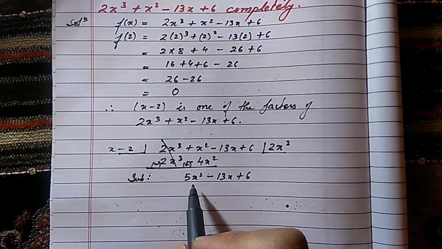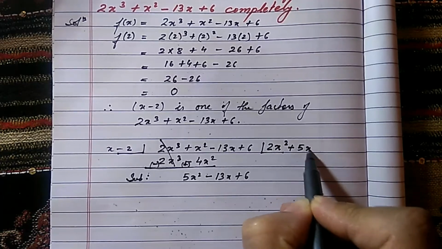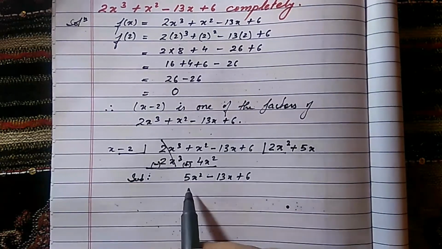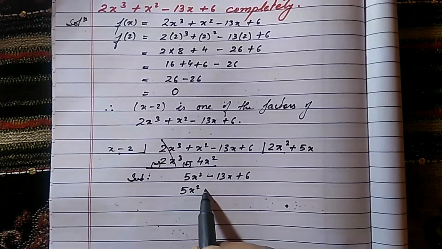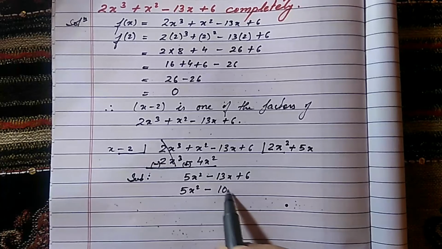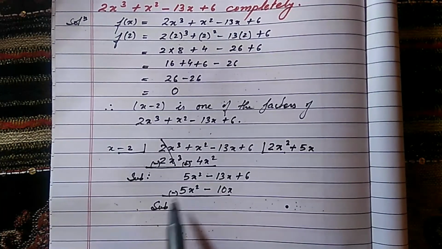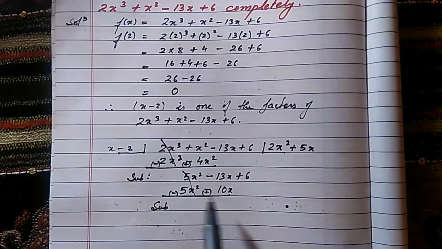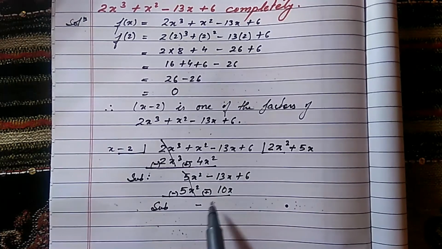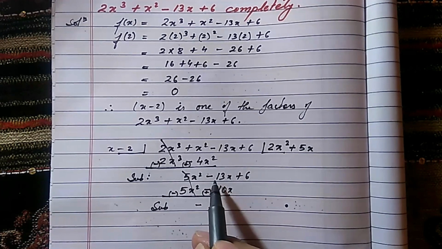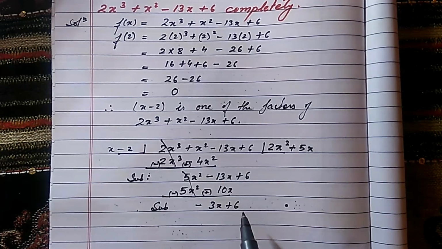Now our target is to get 5x square. So if I write plus 5x here, then plus 5x into x will give me 5x square. This gets multiplied with minus 2 also. So minus 10x. Again we subtract, the sign gets reversed, this cancels out, this is negative, this is positive, we find the difference, and the difference is 3x, and we assign a negative sign because 13 is bigger than 10, plus 6 here.